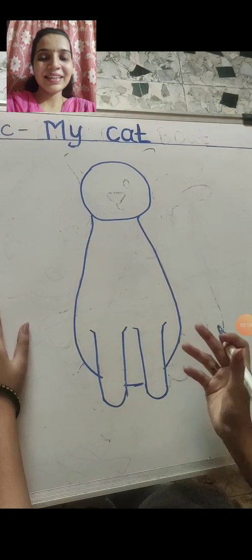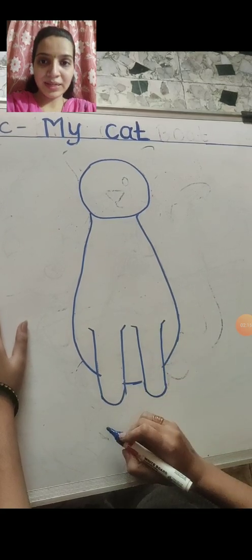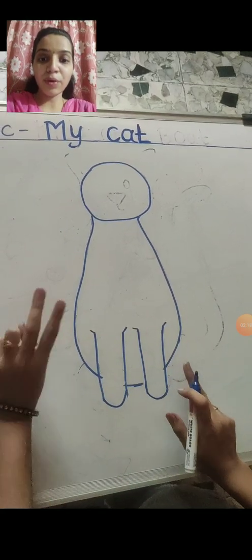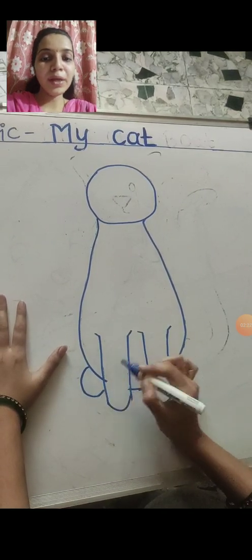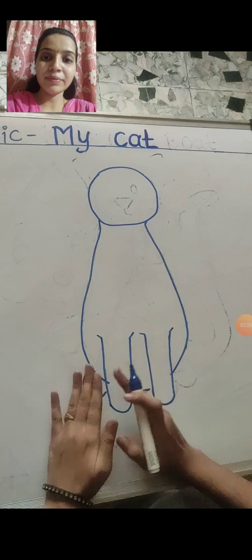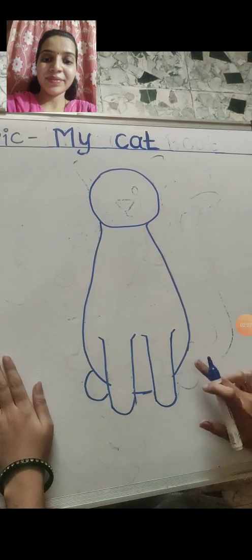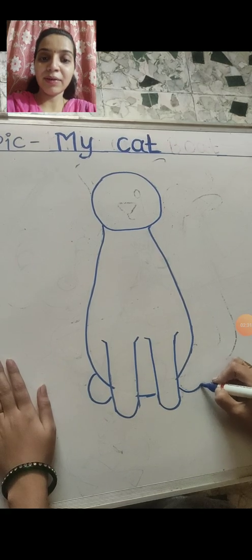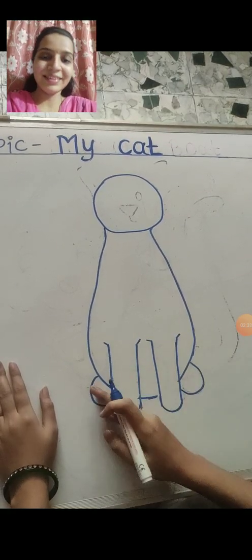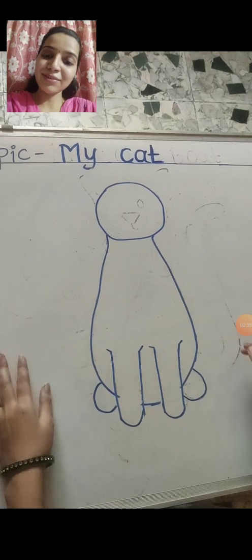Like this. Now the remaining two legs we are going to draw small as they are behind the cat. So make only a U shape. See here, don't leave a gap. See how I have made it like this. Okay, so four legs are finished.